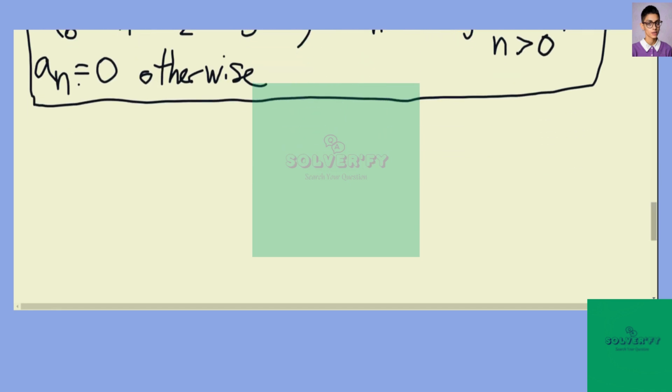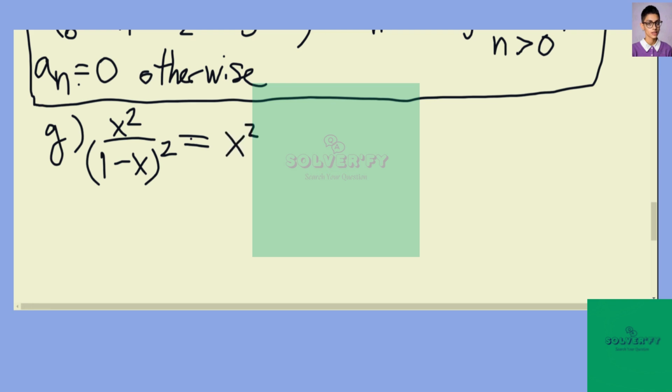And in part G, we are given the generating function x squared over 1 minus x squared. We have, by the table in the book, this is going to be x squared times 1 over 1 minus x squared is 1 plus 2x plus 3x squared, and so on.